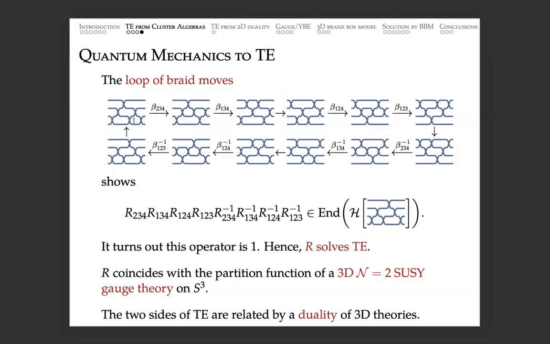So the existence of this loop of braid moves shows that this combination of unitary operators corresponding to these braid moves is an endomorphism of the Hilbert space of the quantum mechanical system associated to the first diagram. I hope this is clear.